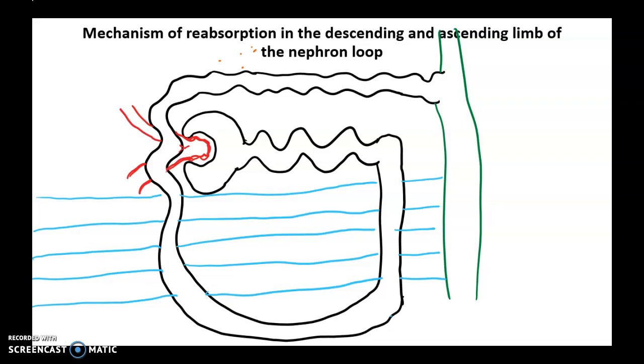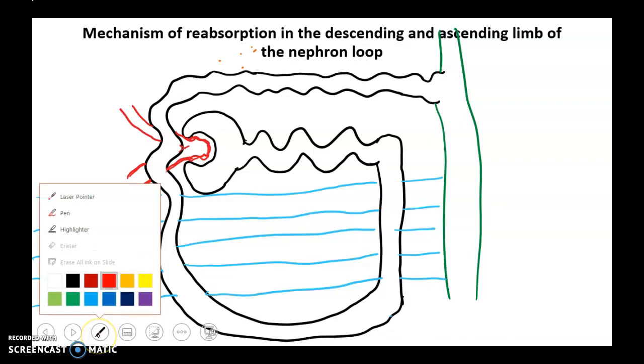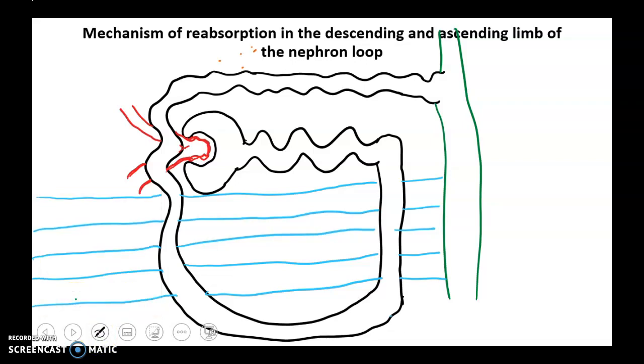To start with, I would like to highlight a few things. First, remember that the osmolarity of the blood in the glomerulus is about 300 milliosmoles. Same is the osmolarity of the filtrate here. The filtrate is 300 milliosmoles.